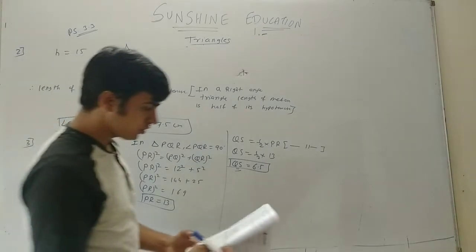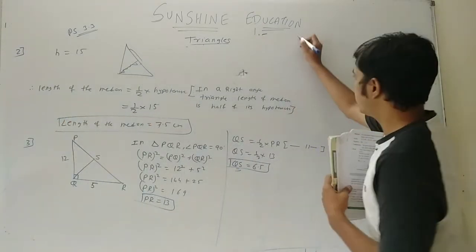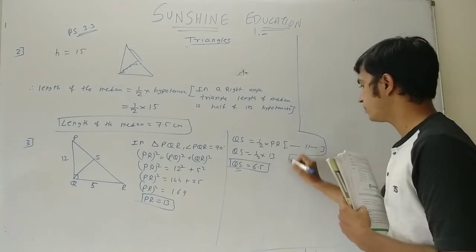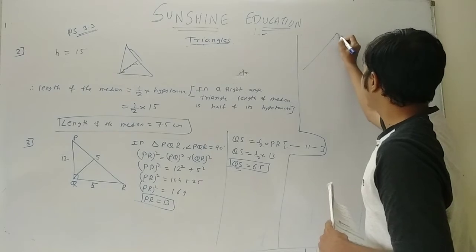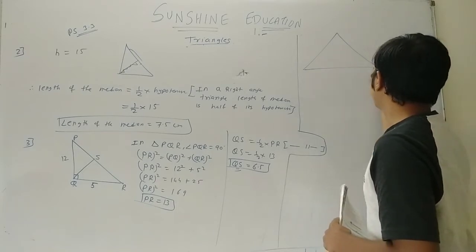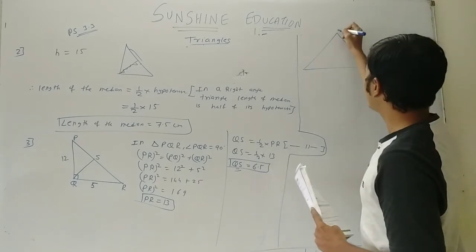Now we will move to the fourth question. We have a triangle like this, PQR.